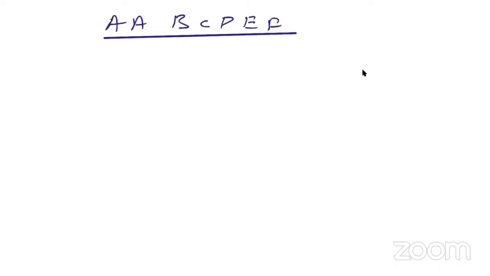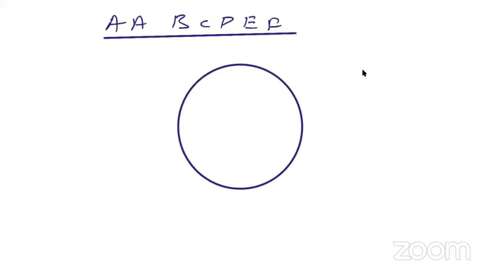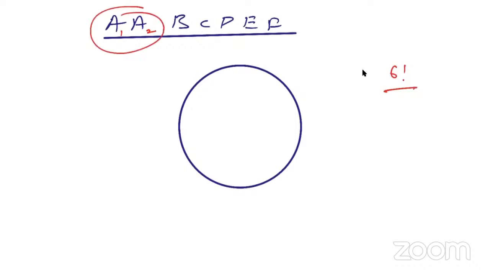In how many ways can we arrange these 7 in the circle? Don't worry, this is the same case we have already done. Taking this as A2 and going for that, 1, 2, 3, 4, 5, 6, 7, 7 minus 1 will be 6 factorial, but these two will not interchange, so divided by factorial 2 ways. So we have to restrict the arrangements.